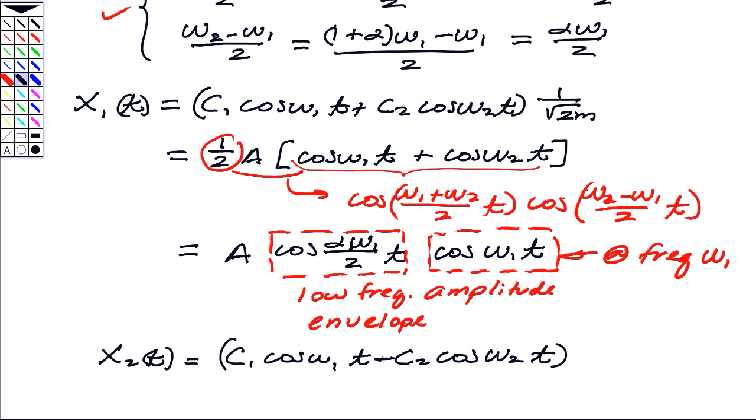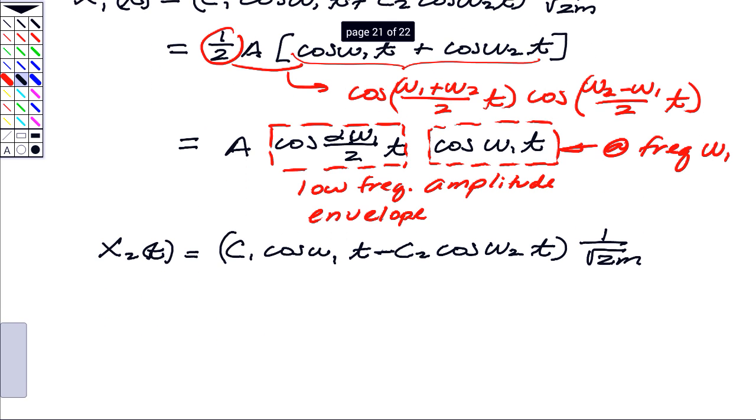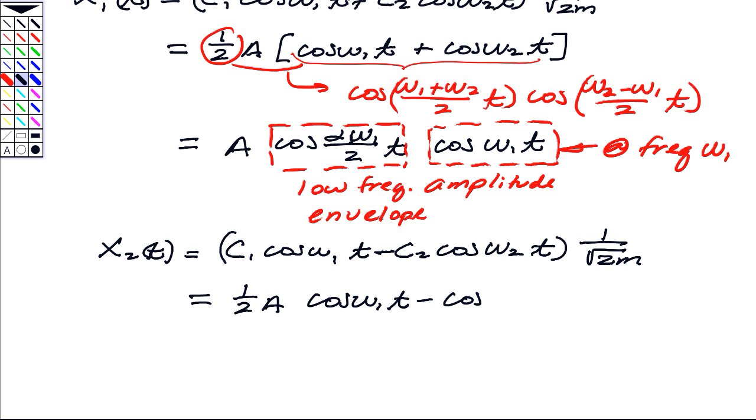And I get the scale factor there in front, 1 over square root of 2m. And putting in C1 and C2, this becomes 1/2 A times the quantity of cosine omega 1t minus cosine omega 2t. Again, that's just using the results for response coefficients C1 and C2.